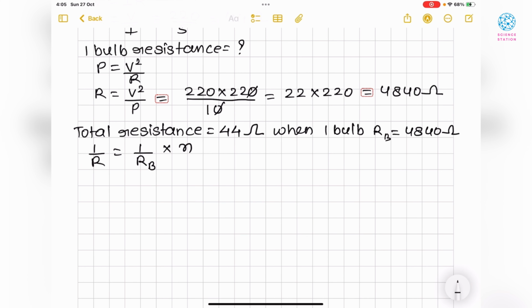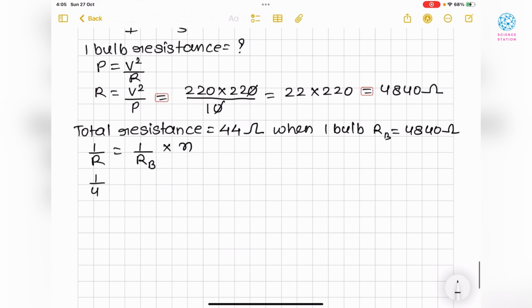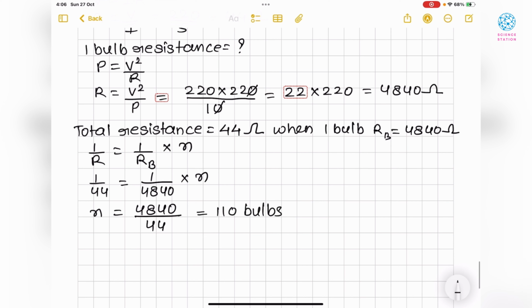So here 1 upon 44 will be equal to 1 upon 4840 into N. So N will be equal to 4840 upon 44. So that will come as 110 bulbs. So I can connect 110 bulbs.